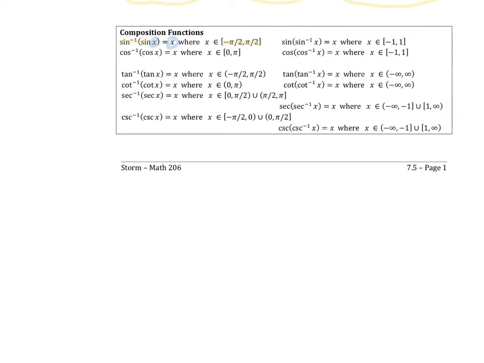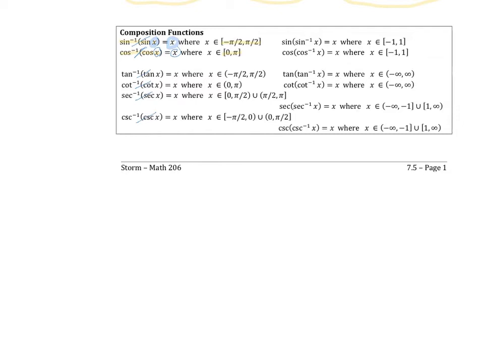So these would cancel. If you're composing cosine inverse and cosine, as long as you're putting x values 0 to pi, then what you put in is what you get back out. And these cancel. So we have these canceling properties for tangent, composed with tangent inverse, cotangent, secant, and cosecant.